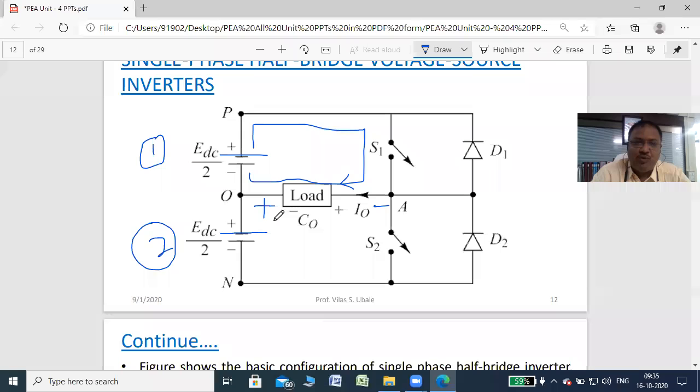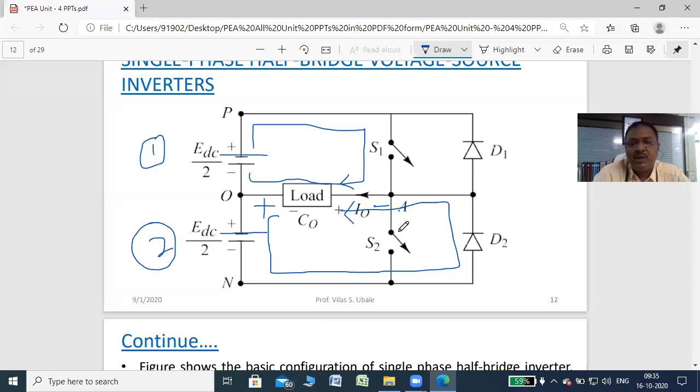So current starts to flow from this positive O, then battery, and then diode D2, then back to A, and then negative of load. If you see here, the current direction is still the same.